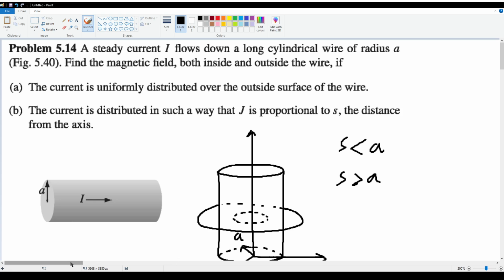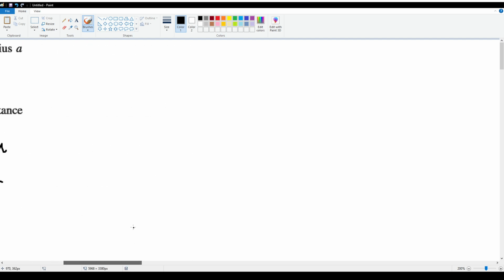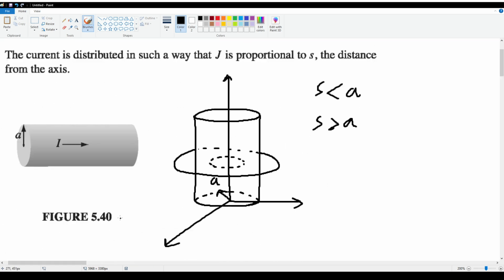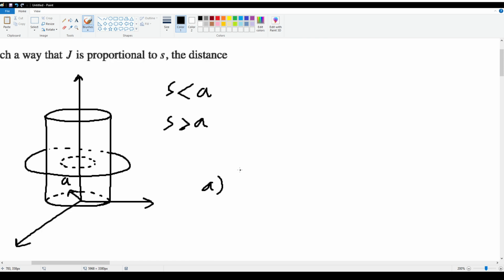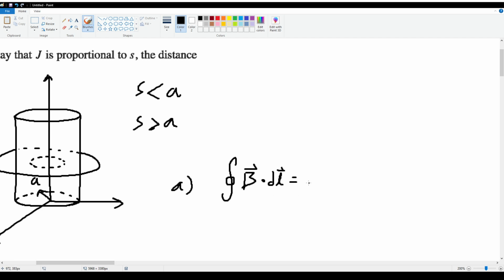And so let's begin part A by looking at first how we'll set this up. We'll begin with invoking Ampere's law, which is that the closed loop integral of B dot dl is mu naught I enclosed.